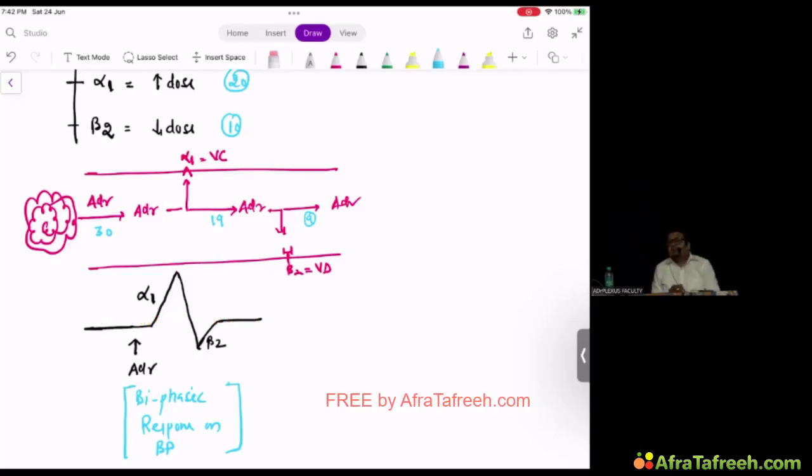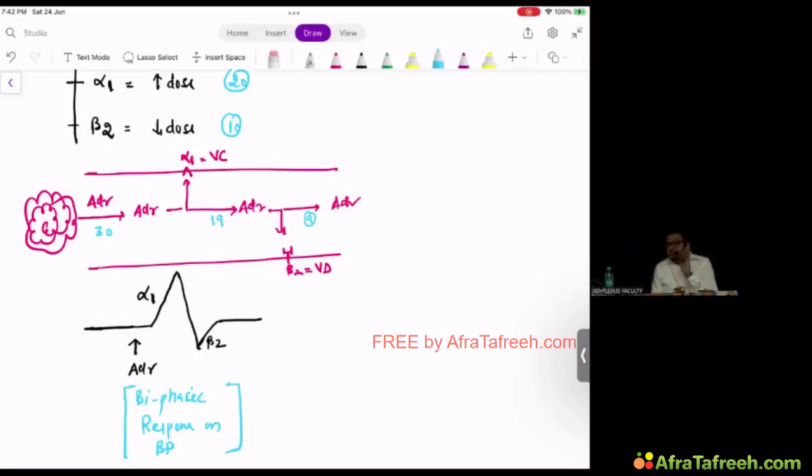Are you following me or lost? This was the patient who came to you today. What is the date today? 3rd of June. You are the doctor, surgeon. You made a diagnosis that the patient is suffering from pheochromocytoma. Okay.